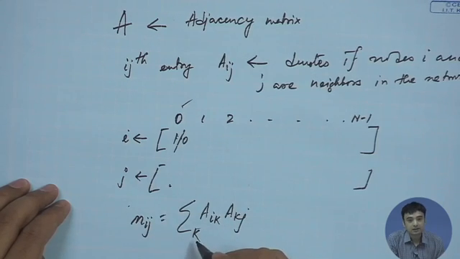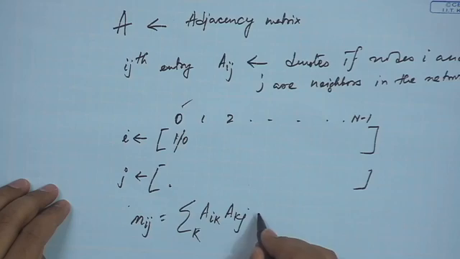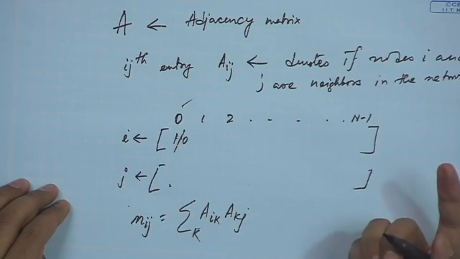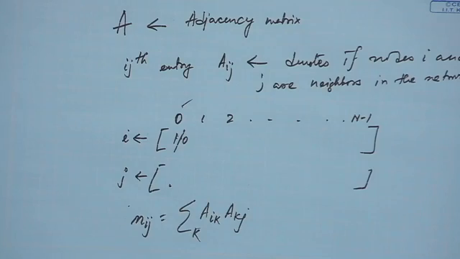For all k where both Aik is 1 and Akj is 1, this product will be 1; otherwise it will be 0, if either one is 0 or both are 0. Only when i is a neighbor of k and j is a neighbor of k does the product equal 1, and this gives you the count of common neighbors between the pair i and j.